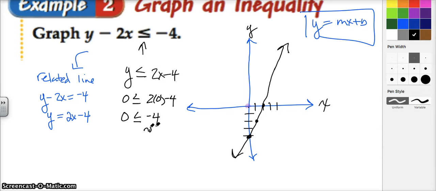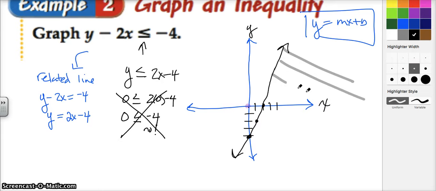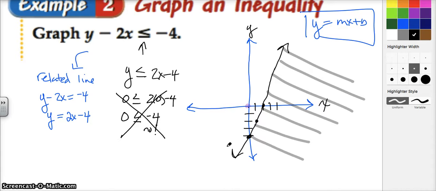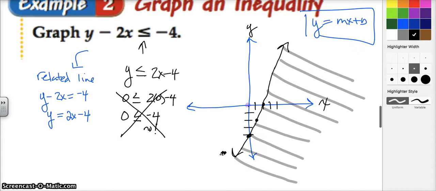The answer is no. So since that does not work, I don't want this side as my solution. I want the opposite side. All right. So I am looking for this side here. Everything below this line is the half of the plane that will support my answer. And so I can choose any point here and it's going to work.